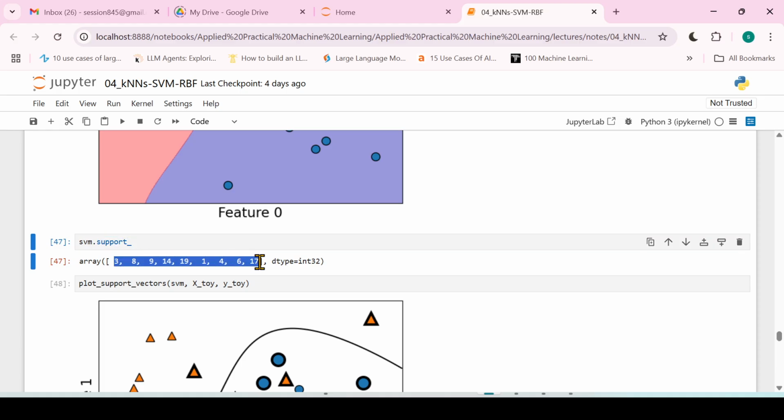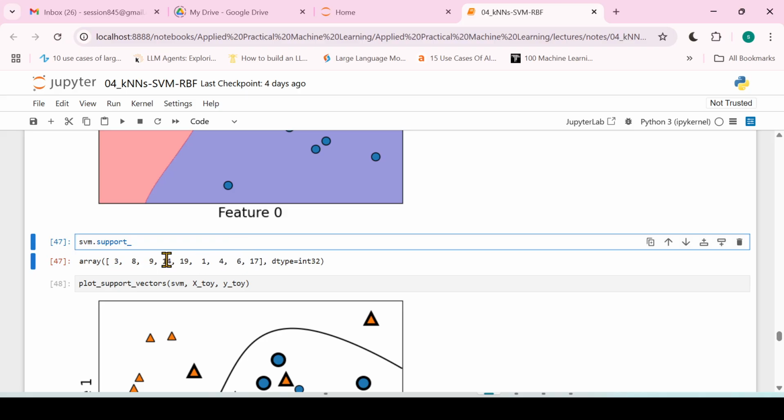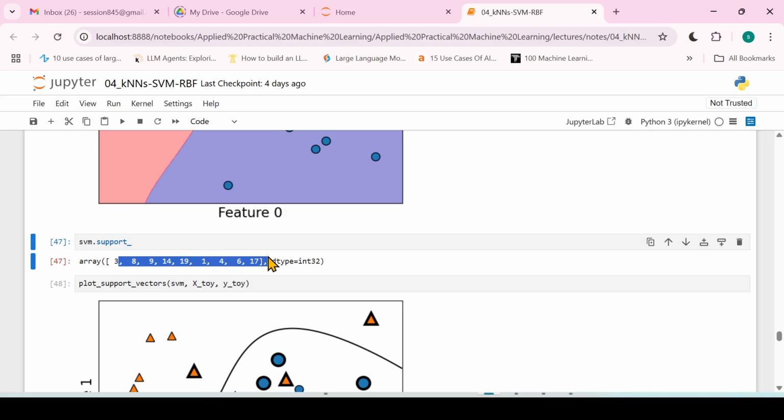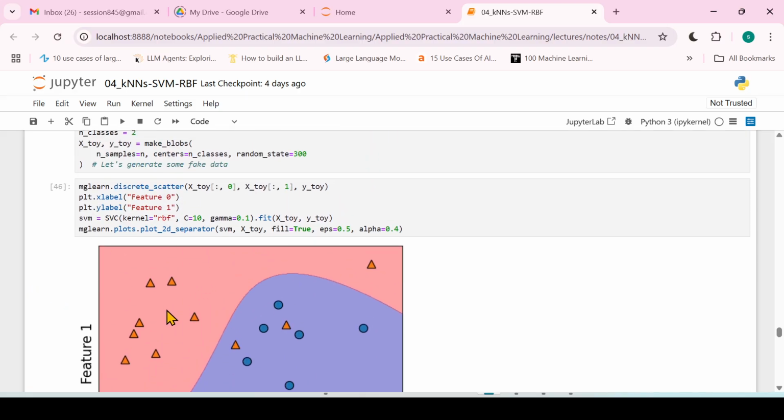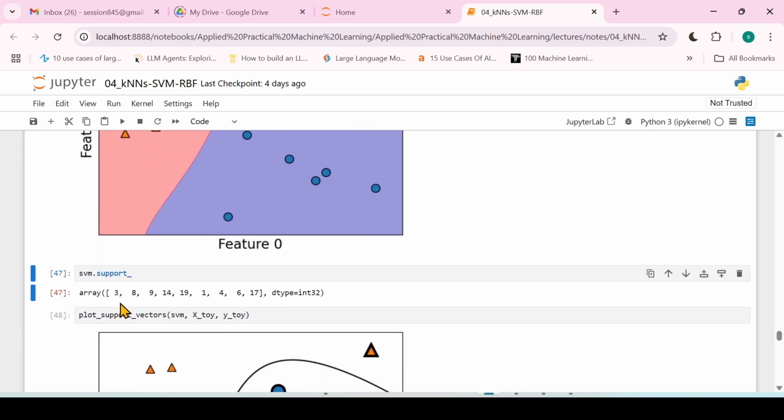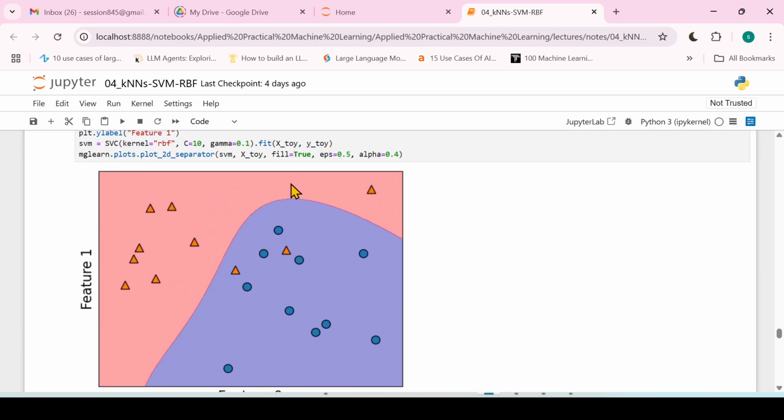Basically this is the index of the value: the third index value, eighth index value, ninth index value, 14th index value, all these examples. So here we are getting the indices of the examples. All these examples are considered as support vectors in the SVM, right? And this gets decided when we build the model. And again, these examples are nothing but the nearest points to the decision boundary.